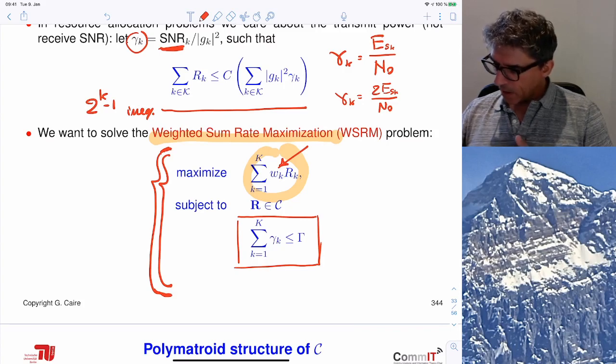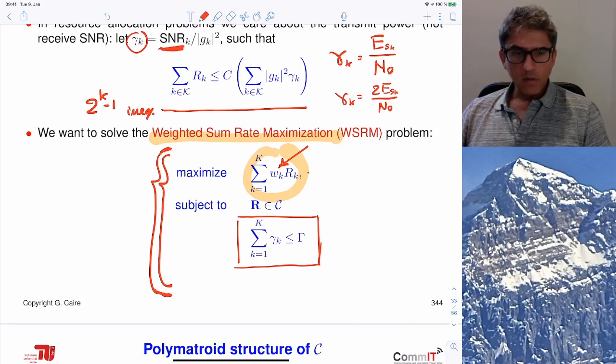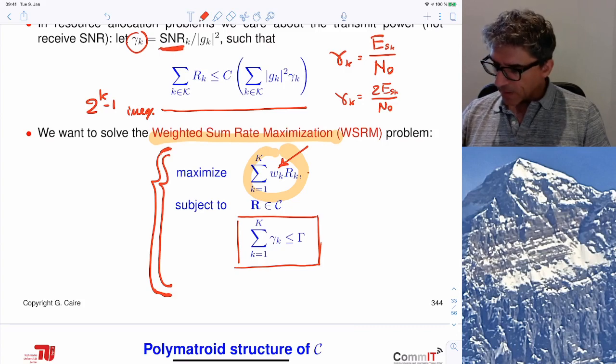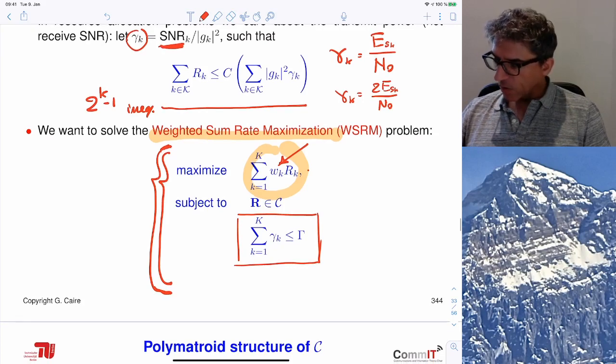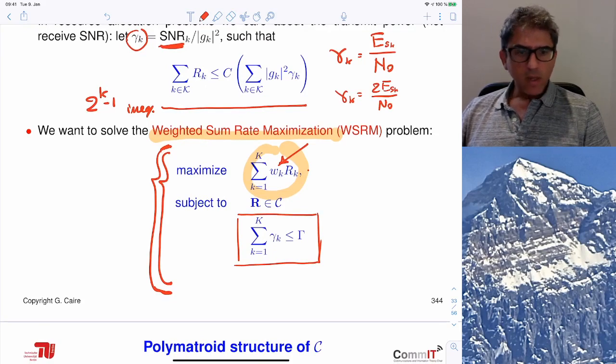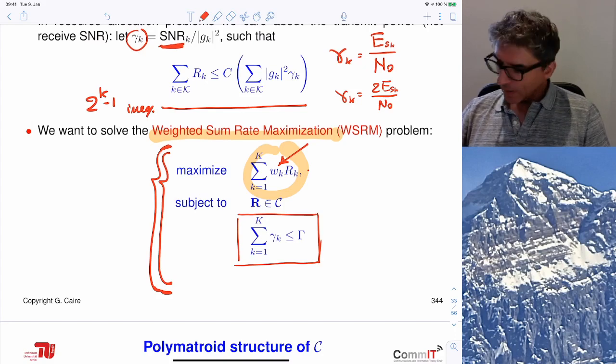Because the objective function is linear, the capacity region is convex, and this constraint is also linear, this is a convex problem. What is the problem in this convex problem? Why can we not just simply put it into a solver and get the solution?